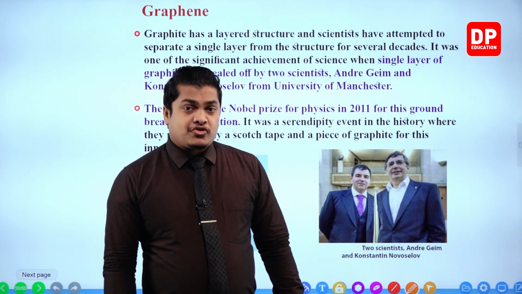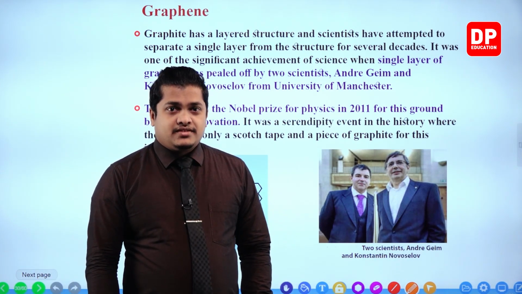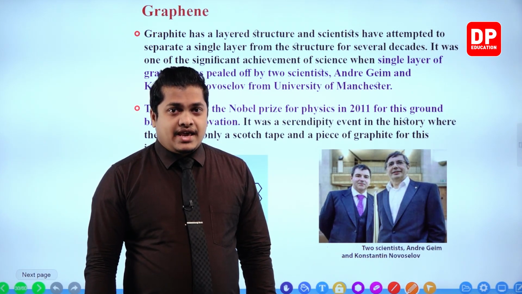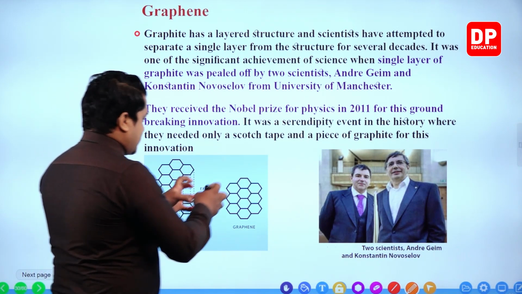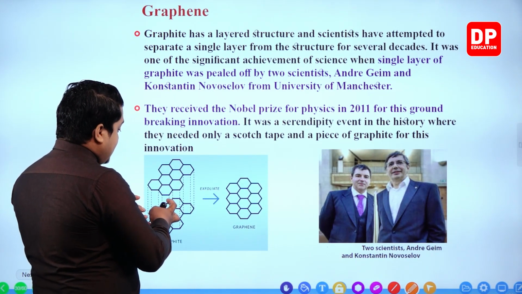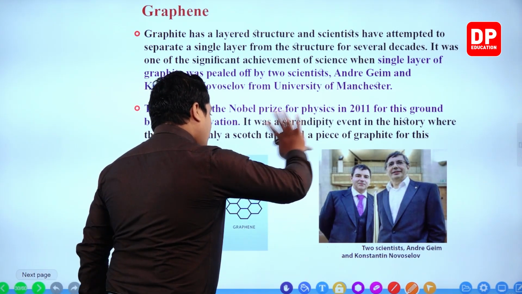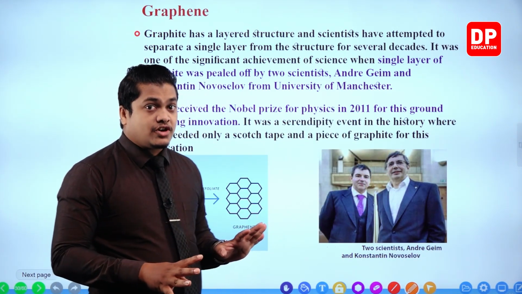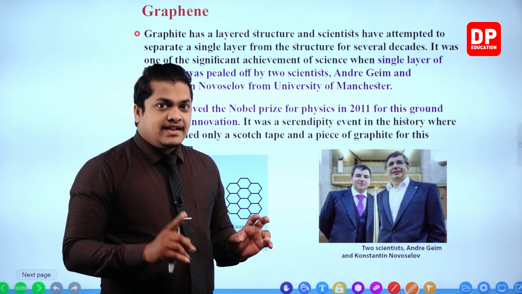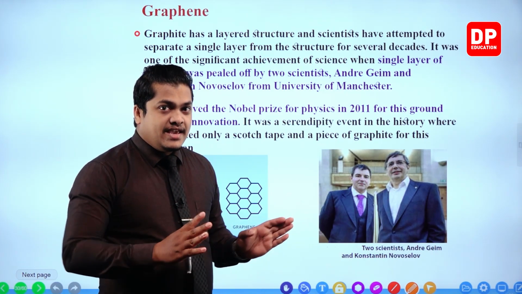Scientists tried this for decades to remove a certain layer from graphite, because we can utilize this layer. You can take one layer, keep it like this, take another layer and keep it over there, and then create a whole heap of beehive-like structure. The other thing is that these layers are flexible.